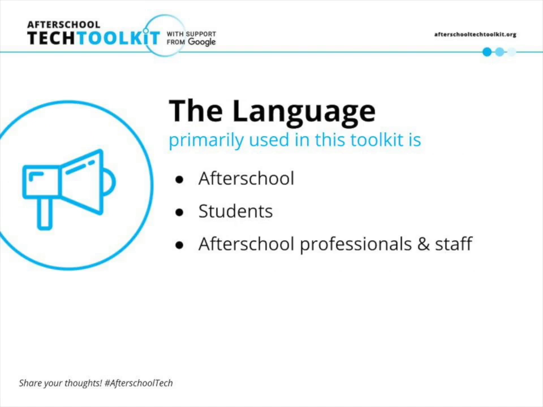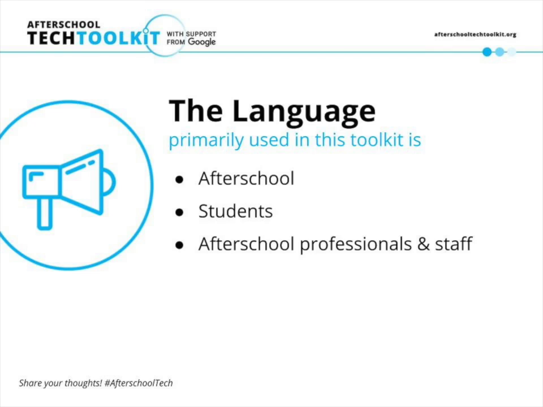The language primarily used in this toolkit is after school, which includes out-of-school time, summer programming, expanded and extended learning opportunities, as well as other programming that occurs beyond the typical school day. Students, by whom we mean children, youth, young people, and opportunity youth, the people your program serves.